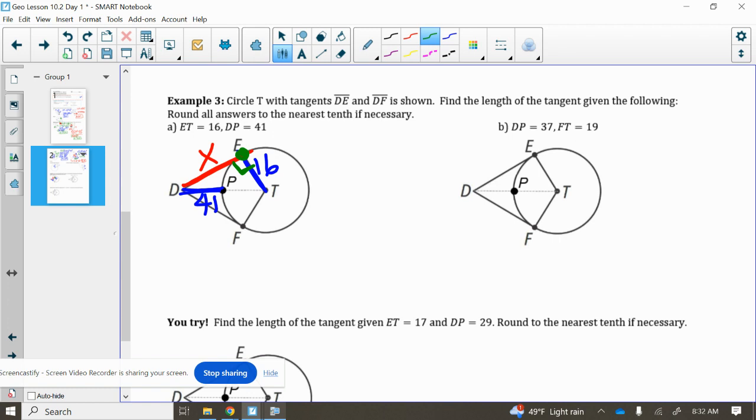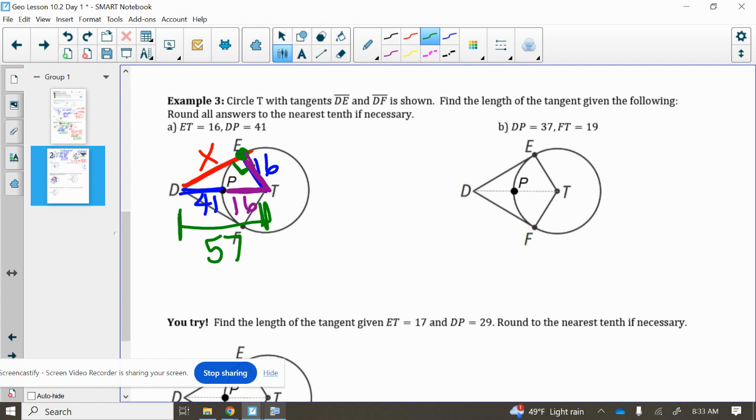So we know angle E is our right angle here. So this whole side, D to T, would have to be our C value. In order to find that whole thing, C, we know that this piece is 16, so is P to T, and that whole side C would have to be 41 plus 16 for a total of 57.